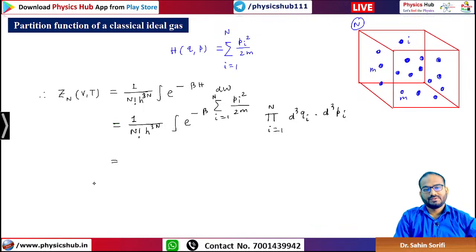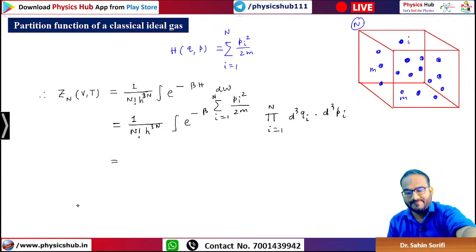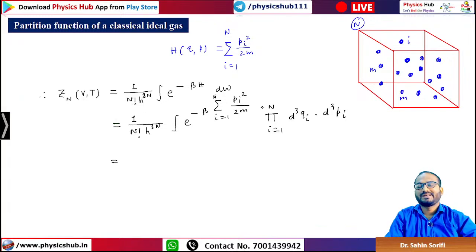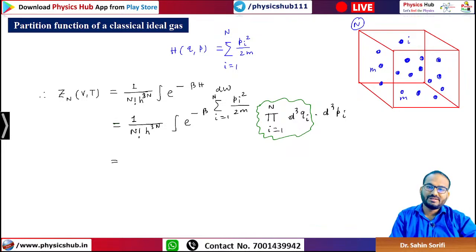This is equal to, now you see, if you closely look at d3qi, i equals 1 to n, what does it represent? q is the position coordinate, you can say. So d3qi, i equals 1 to n, represents the total volume of the container.